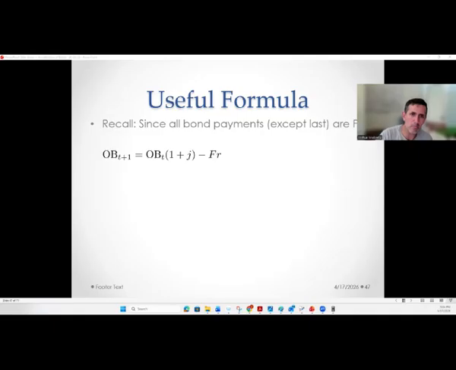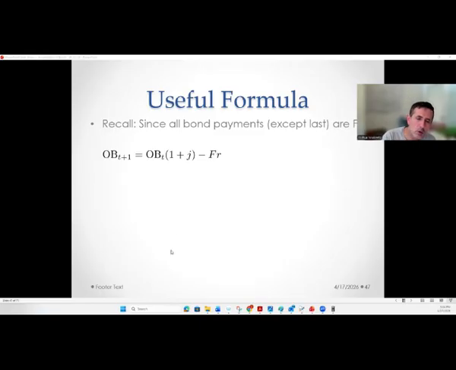It's just your coupons. Right? So your new outstanding balance is how much your old outstanding balance grows by minus how much you pay. Right? You owe OB_t. Now you owe OB_t(1 + j) before you make a loan payment. Well, after your loan payment, you subtract that.